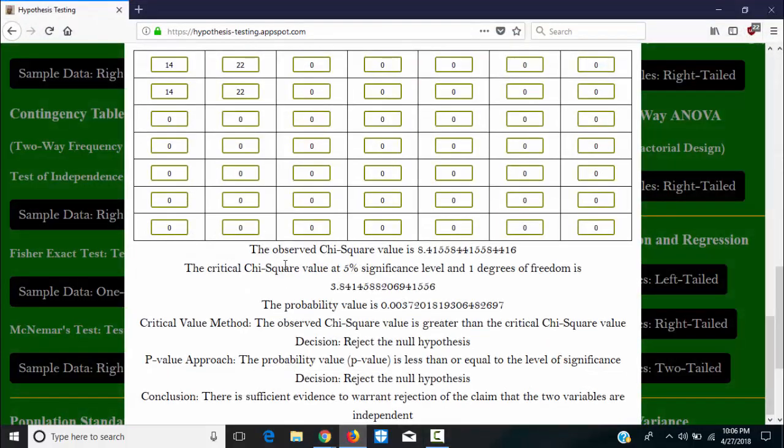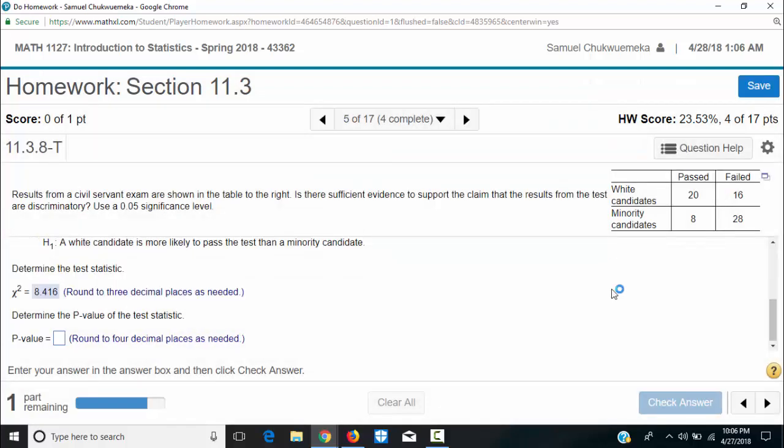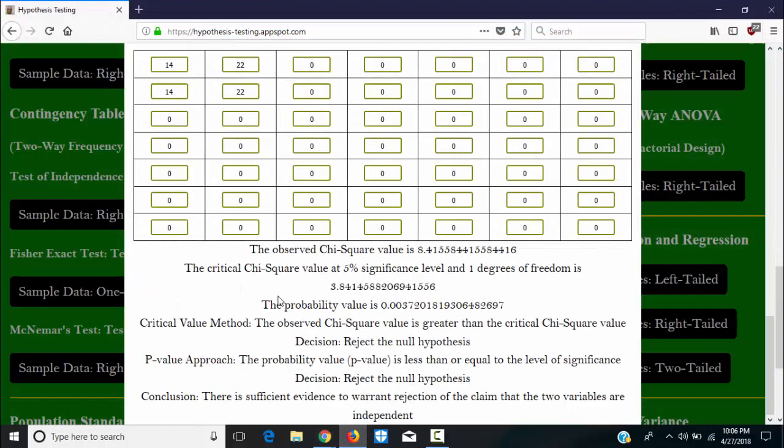The chi-square test statistic, the observed chi-square value to 3 decimal places, is 8.416. The p-value to 4 decimal places is 0.0037.